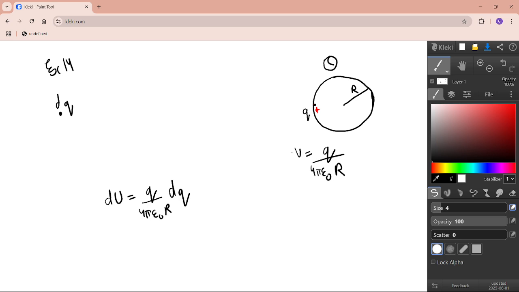If you calculate, let me assume some charge m, a random alphabet, the work that has to be done will be mq upon 4 pi epsilon naught r to bring it from infinity to here. And if we divide it by the charge, it becomes the potential. That's the definition of potential, right?